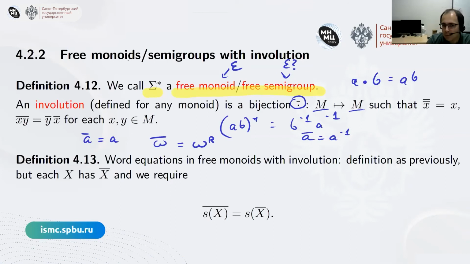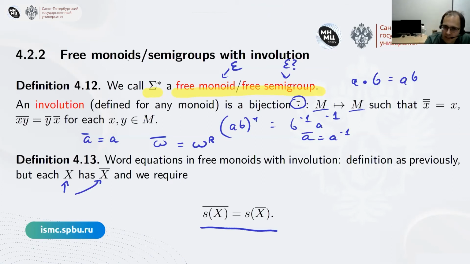Okay, and of course, when we are given a free monoid with involution, then we can define word equations over them. The definition is again as previously, but the additional thing is that for every variable, we also have the inverse of the variable. We allow the inverse of this variable, and we want the substitutions for the variable and for the inverse variable to be inverses of each other.